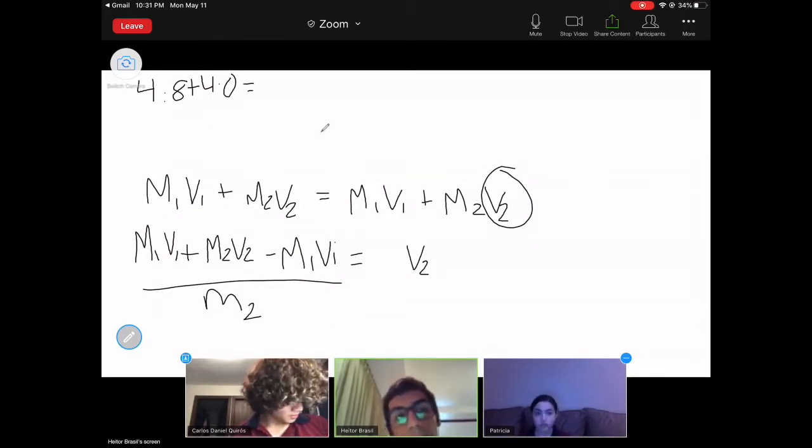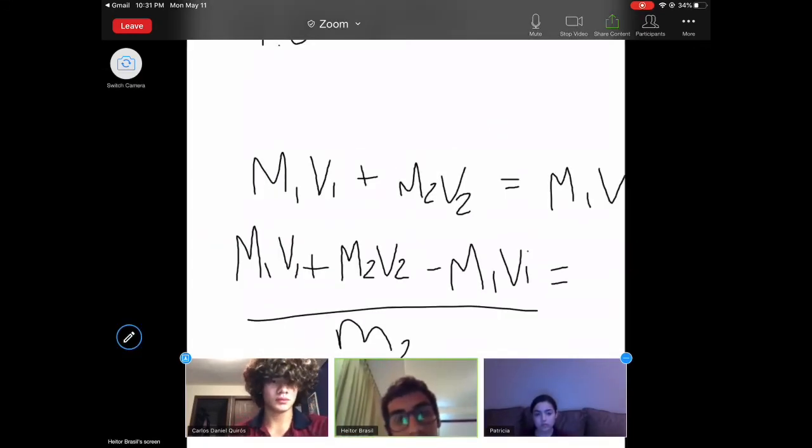And then minus the M1, which will also be 4, times the velocity initial of M1, which would be 8. And all of this is going to be over the M2, which is 4, right?